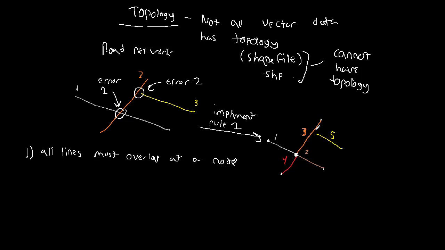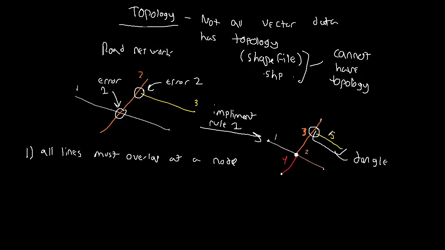So what about this error up here? Looking at this right here, the technical term we would call 3 in this case and 5 in this case is a dangle, right?